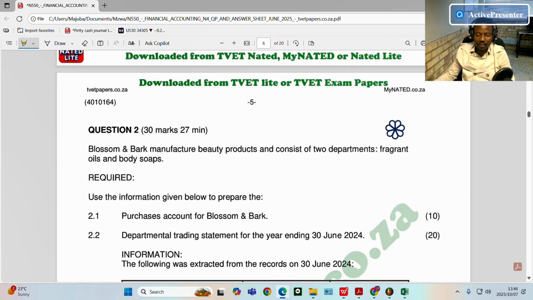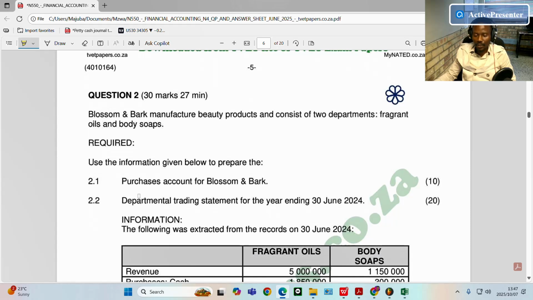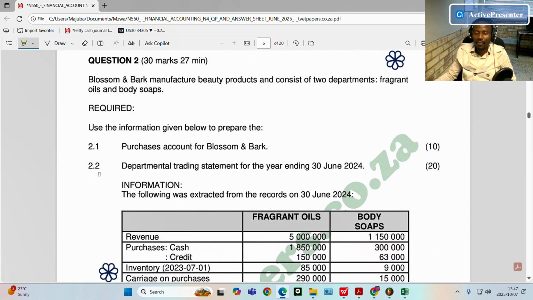Right, so question 2 says Blossom and Bug manufacture beauty products and consist of two departments, fragrant oils and body soaps. Use the information given below to prepare 2.1 the purchases account for Blossom and Bug, 2.2 departmental trading statement for the year ending 30 June 2024.